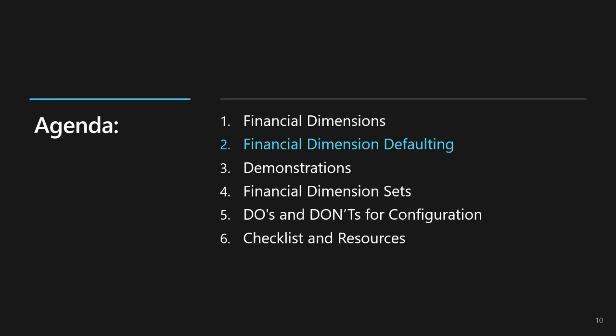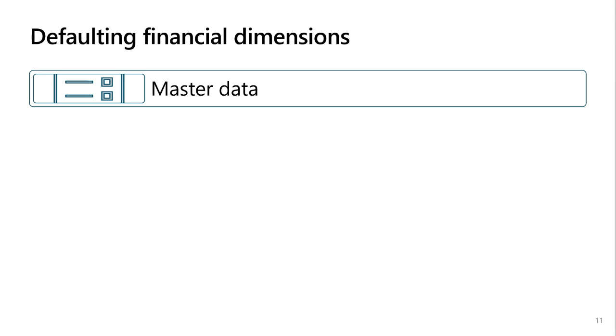So we're going to switch gears a little bit and talk about the defaulting behavior for financial dimensions. When you're deploying financial dimensions, one of the key considerations that you will want to make is how the dimensions will be defined on your master data and transactions throughout the system.